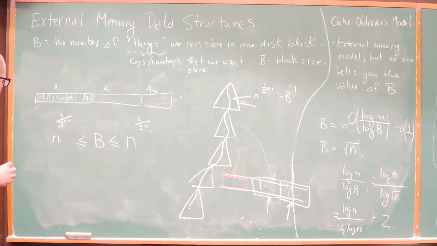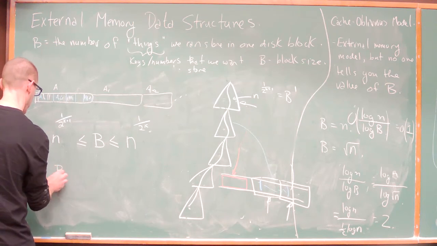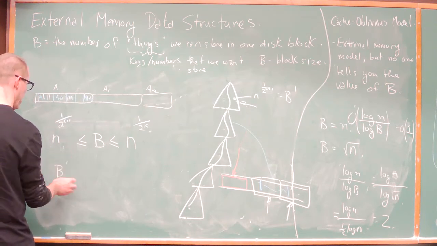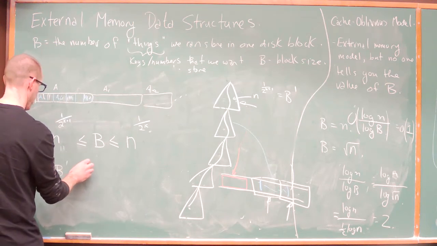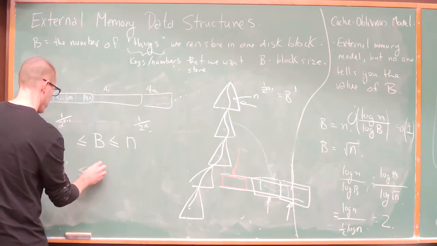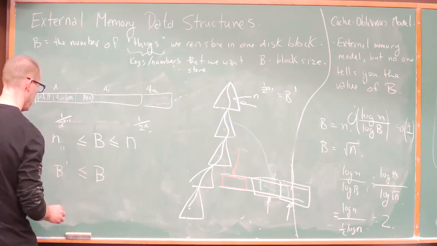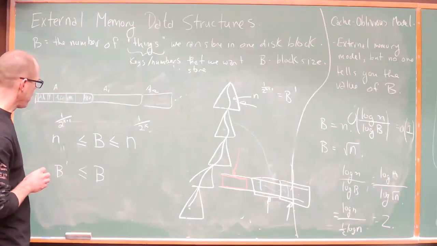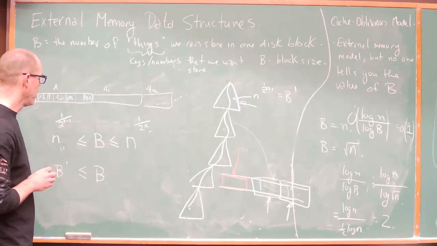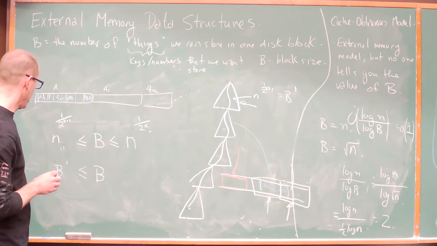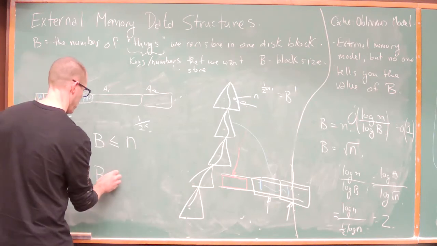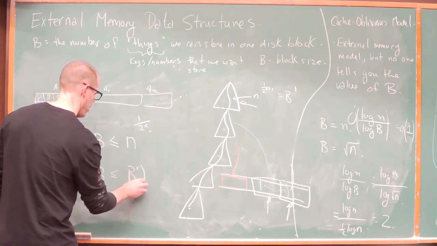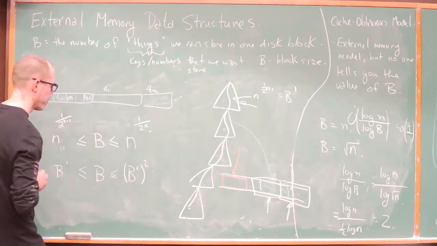Well, I know that B prime, that's this guy, is smaller than or equal to B. But if this is B prime, then this is B prime squared.